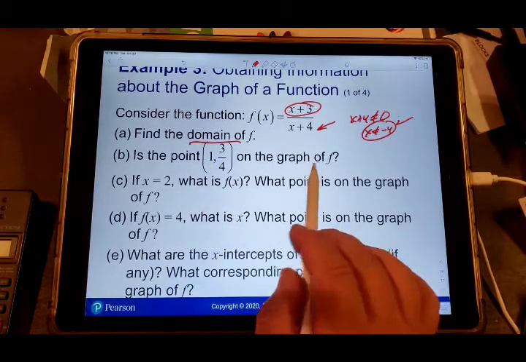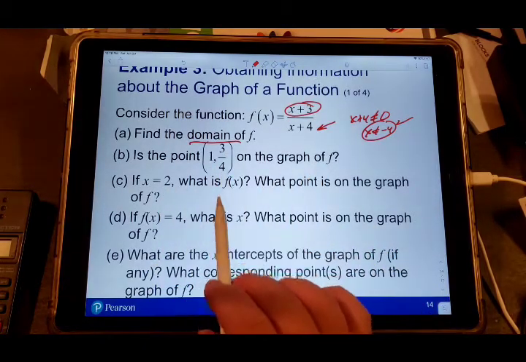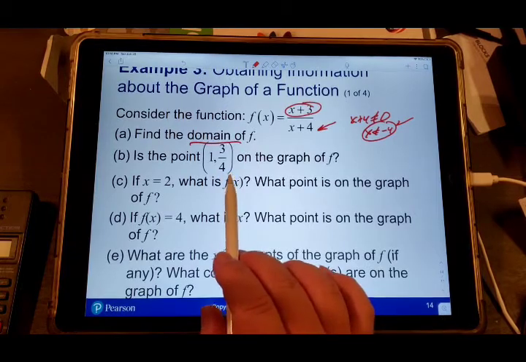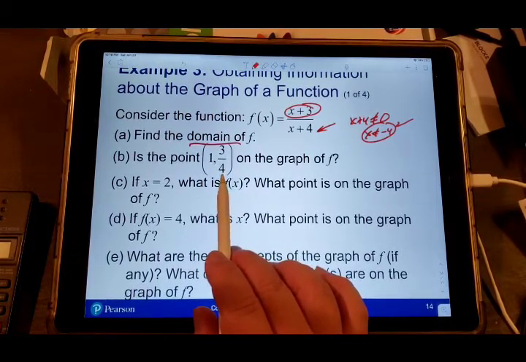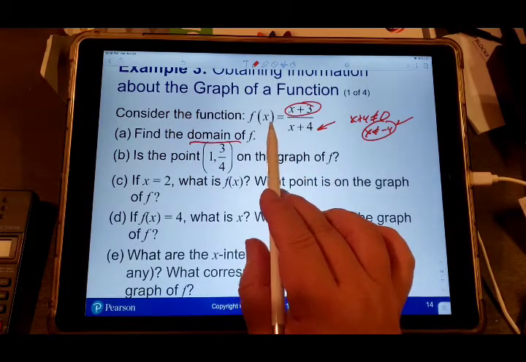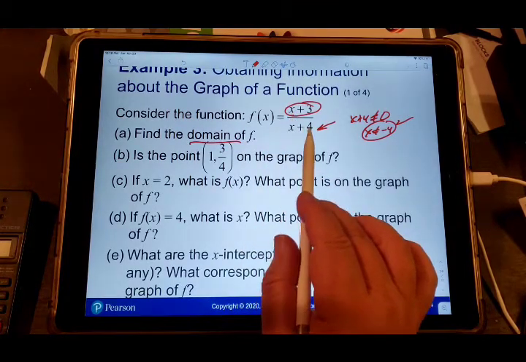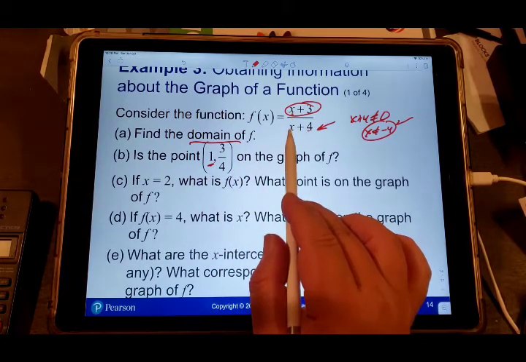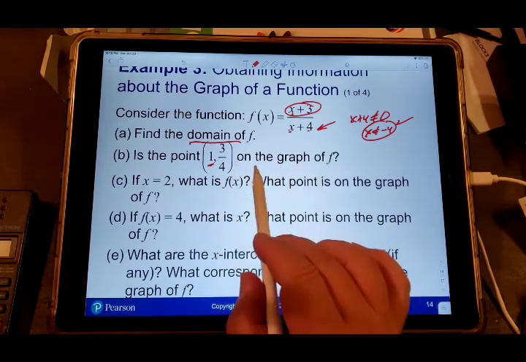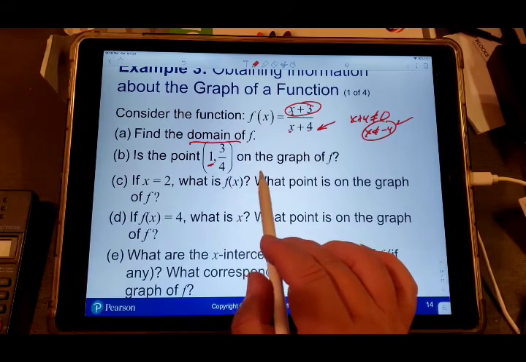Okay, is this point on the graph, 1, 3/4? I know it's not because if I plug in 1, I'm going to get 4 over 5. In other words, when 1 is the input value, the x's change to 1s, but that tells us it's not on the graph.